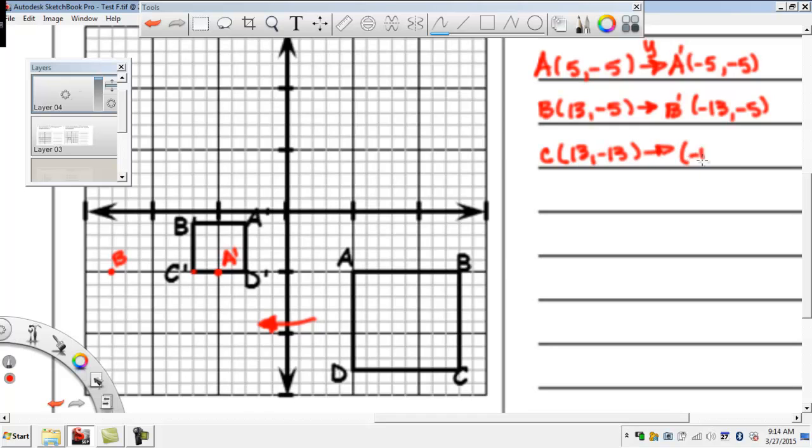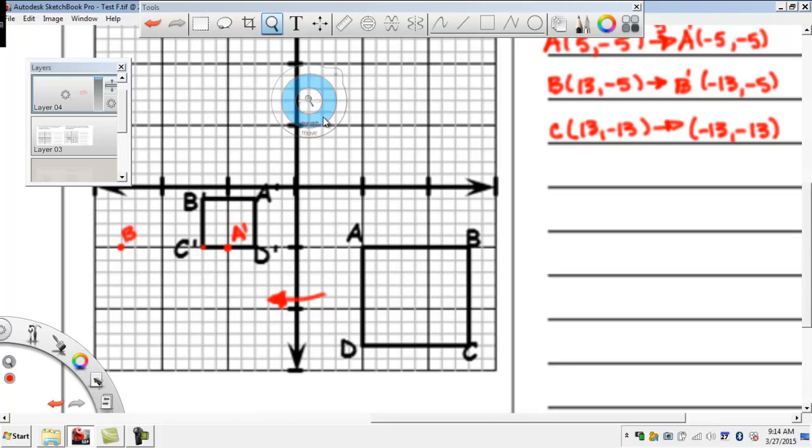It will become a negative 13 and a negative 13. I will go ahead and draw my squares. Now we can see where D is going to line up. There is my square that has been reflected across the y-axis.